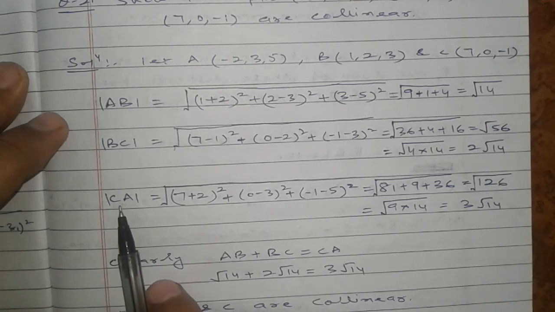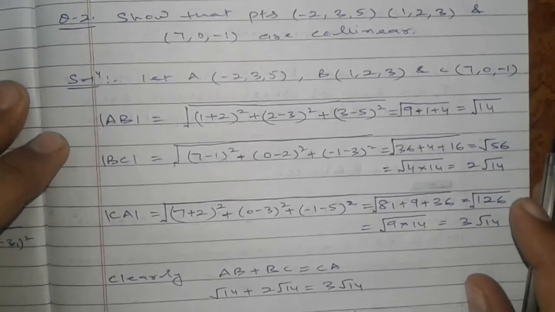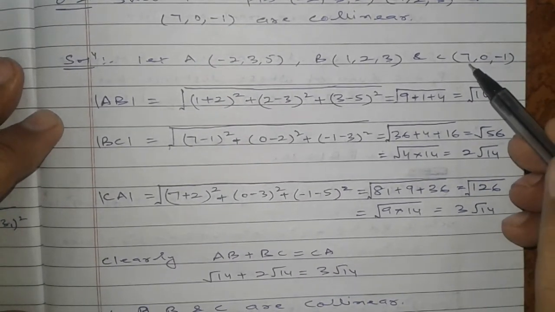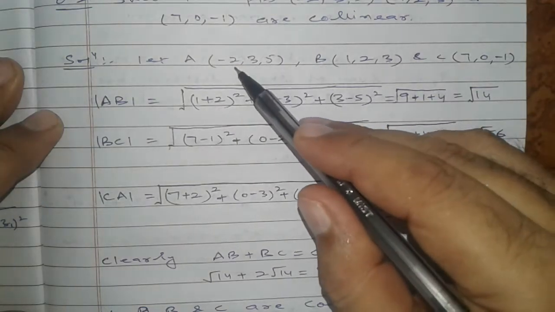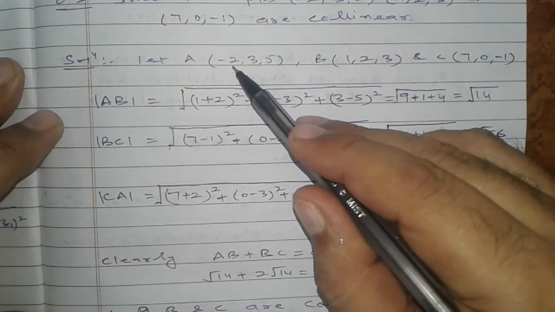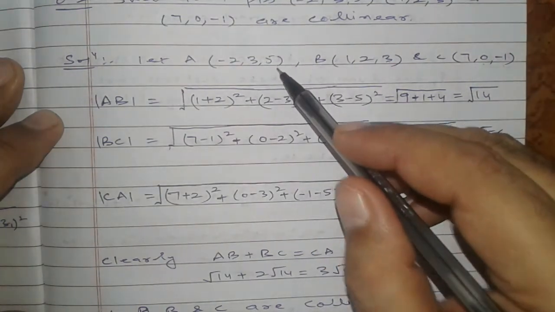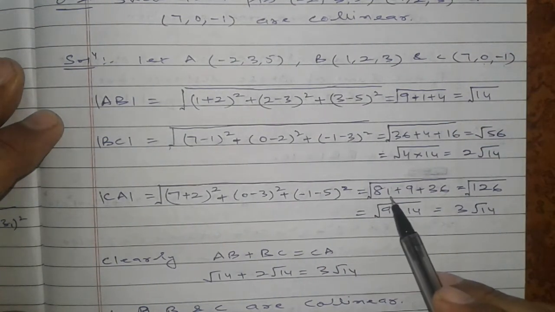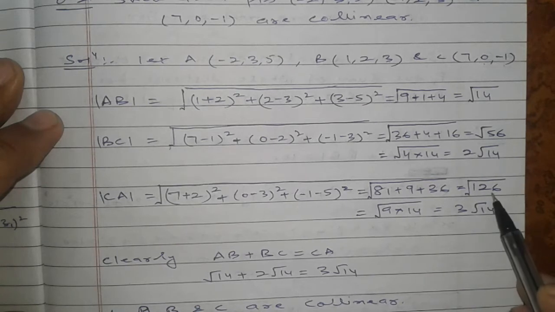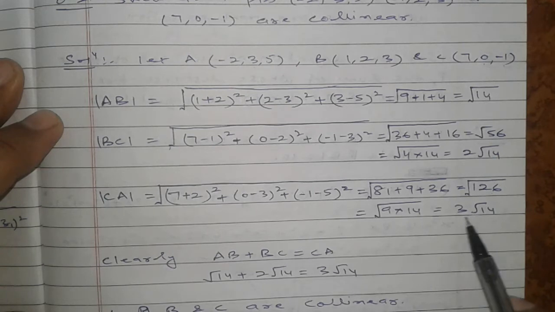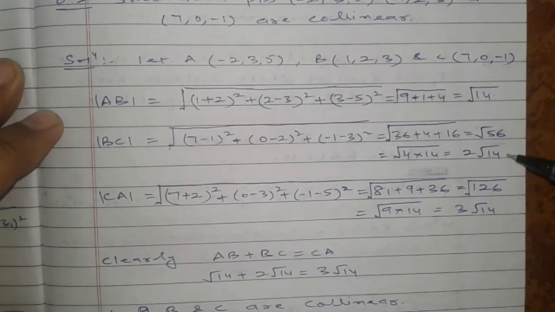Then I calculate CA. CA will be (7 minus minus 2, that is plus 2) whole square, (0 minus 3) whole square, (minus 1 minus 5) whole square. When I calculate this, it will be under root 126. This is 9 into 14, so 3 root 14. Now I check the sum: AB plus BC is equal to CA.